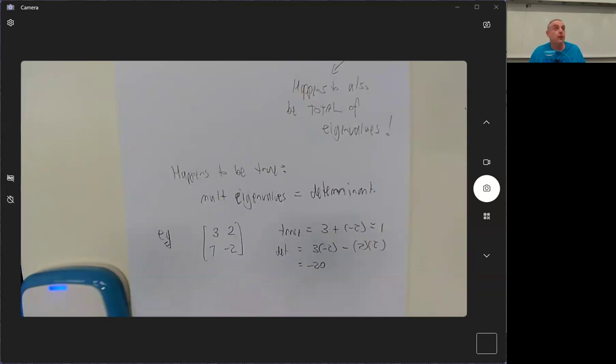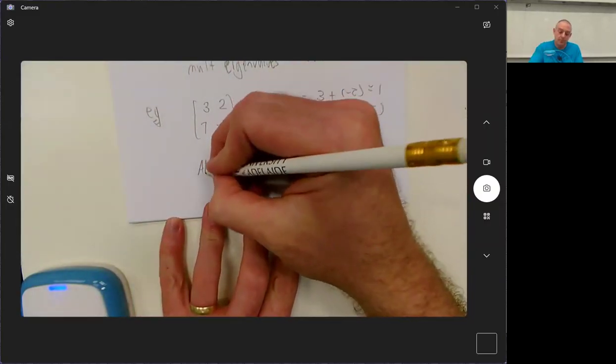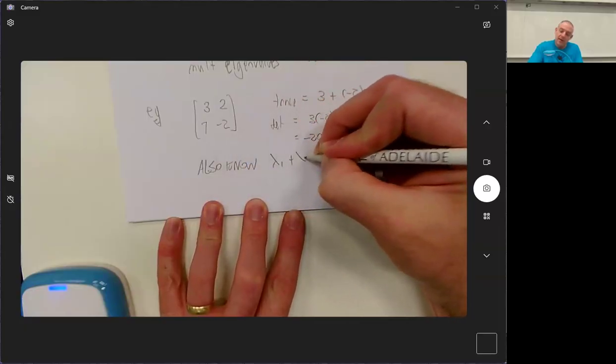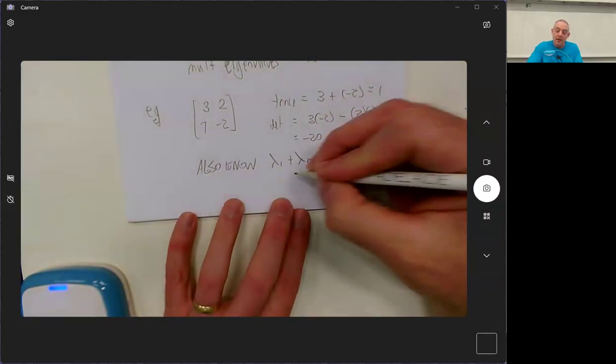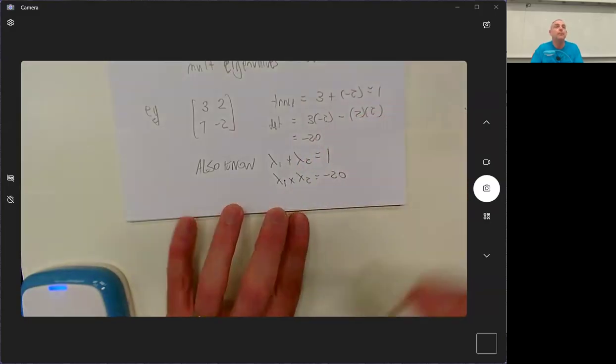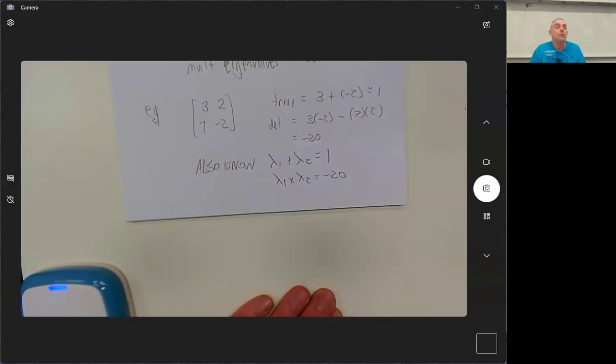And I know also that the eigenvalues add up to give the same as the trace, and they multiply to give the same as the determinant. So I have to think of two numbers that add up to give 1 and multiply to give minus 20.